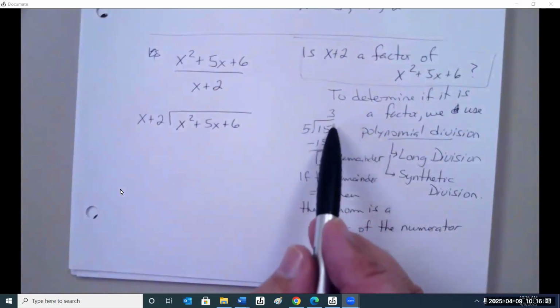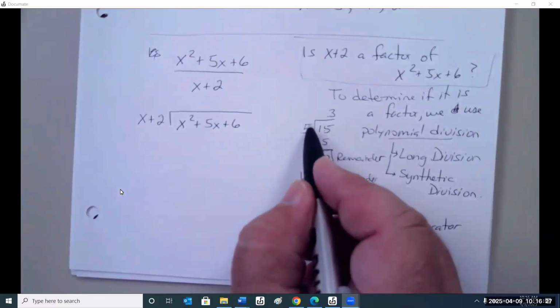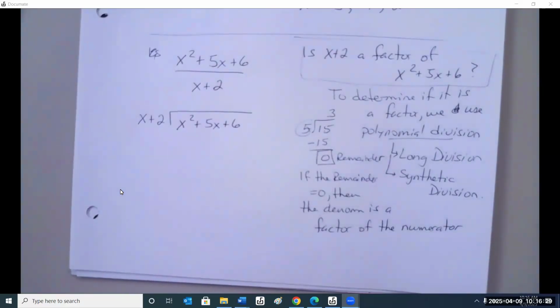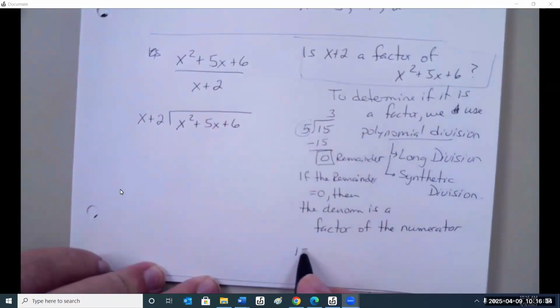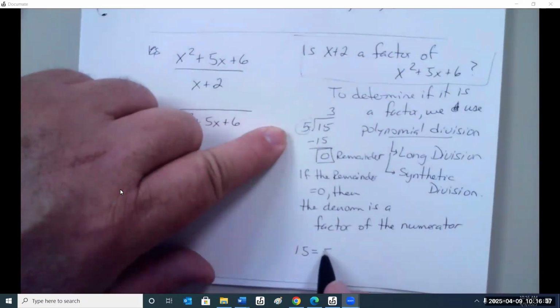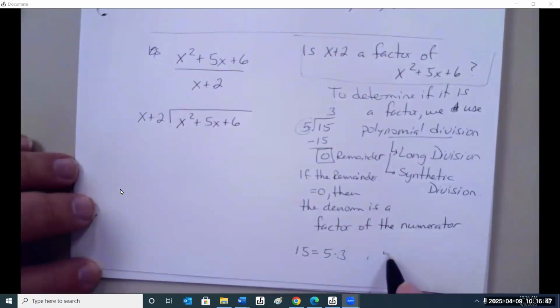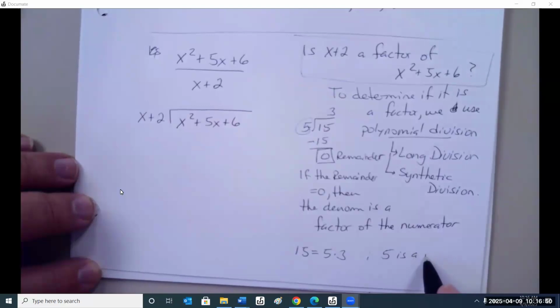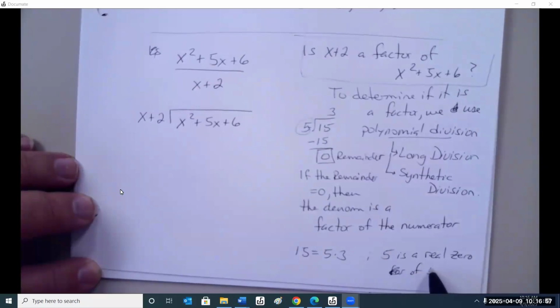If when we do the long division the remainder is 0, then we know that 5 is a factor of 15. What that means is that 15 is equal to 5 times 3. That's one of the factors of 15. It tells us also that 5 is a real 0 of 15.